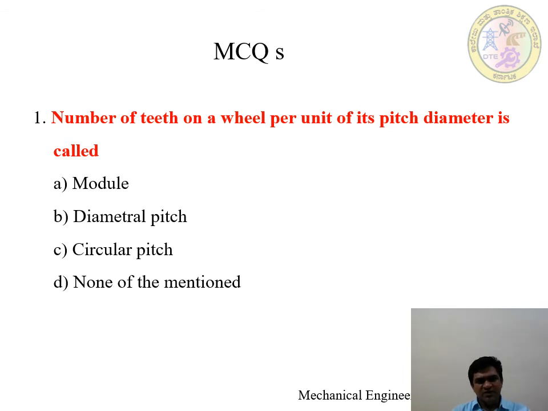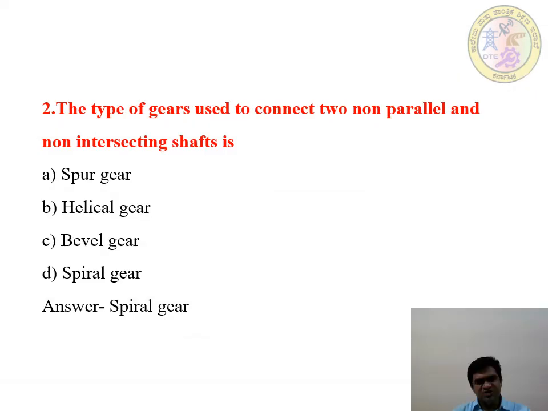The number of teeth on a wheel per unit of its pitch diameter is called diametrical pitch. The next question: the type of gear used to connect two non-parallel and non-intersecting shafts is a spiral gear.